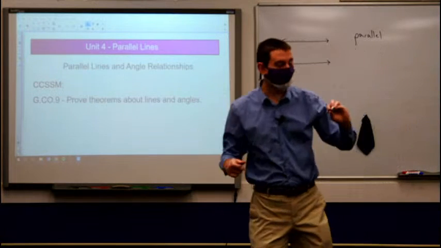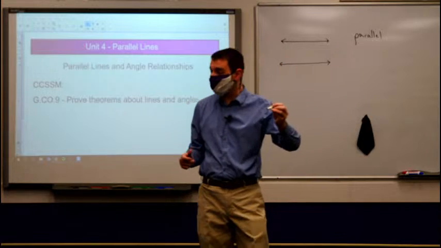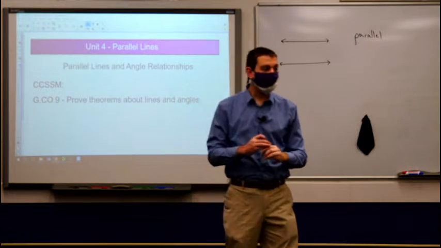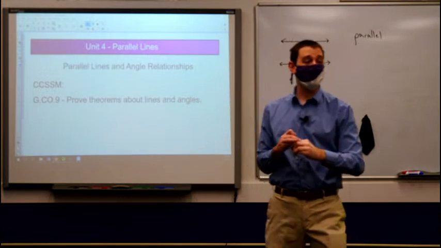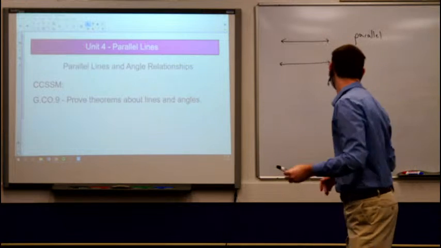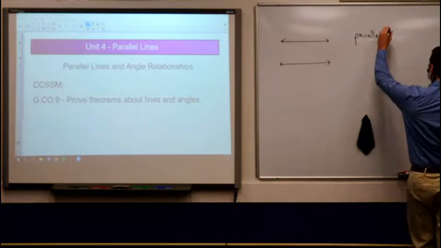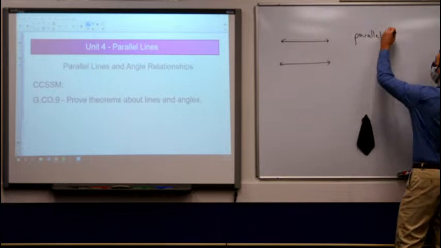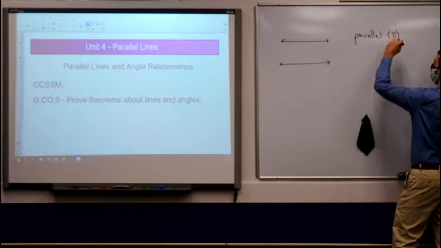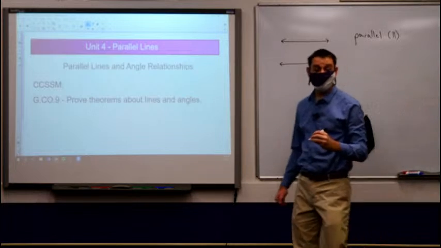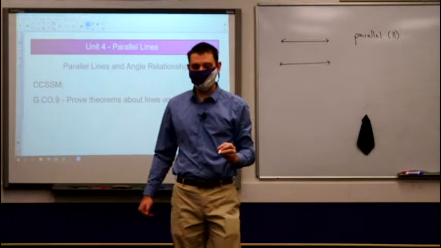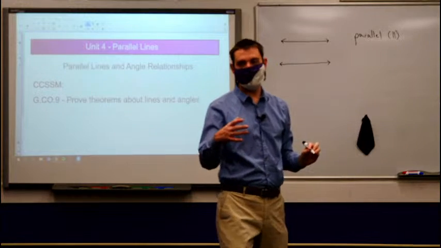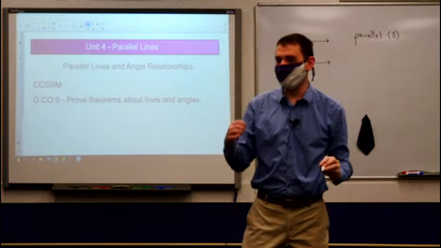I want to make sure that you know the notation that we use. Because just like with congruent and perpendicular, we have notation for parallel. So what you might see separate from the diagram is these little double bars, double L's, railroad tracks, however you want to look at them. That's used to signal parallel.